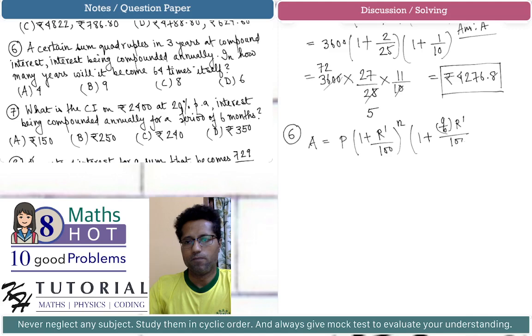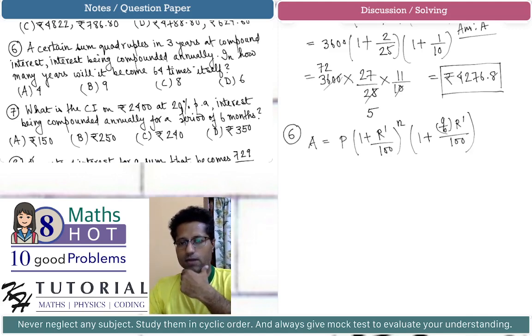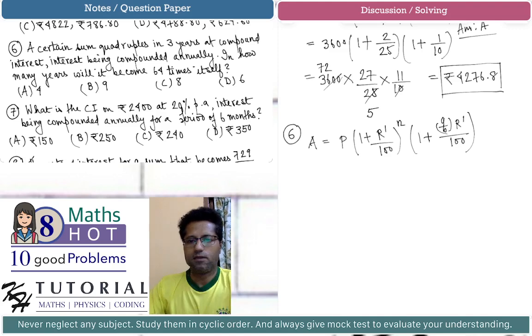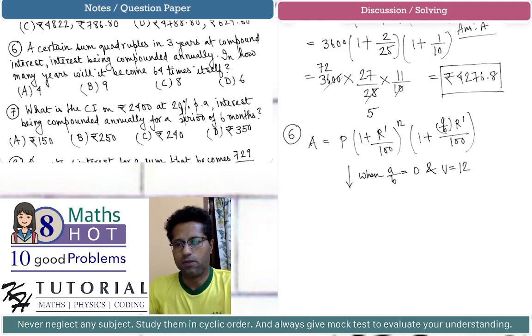Now, for the special case when the interest is being compounded annually and the time t is an integer number of years, it does not have any fractional part, then a by b is equal to 0 and the period is 12 months, that is, the interest is being compounded annually.